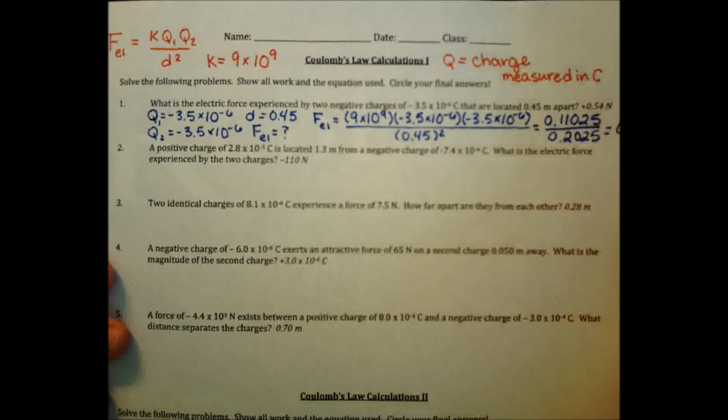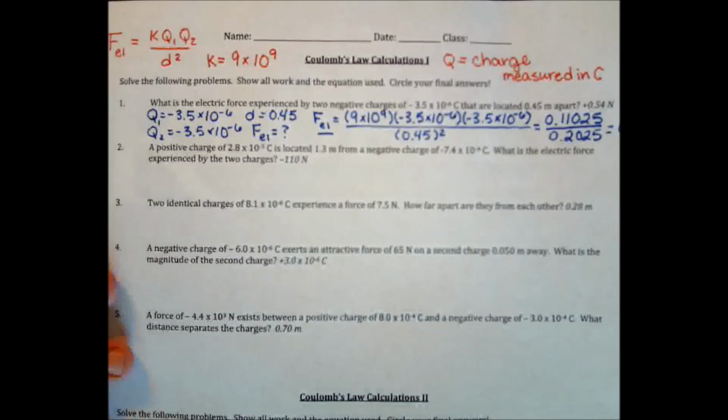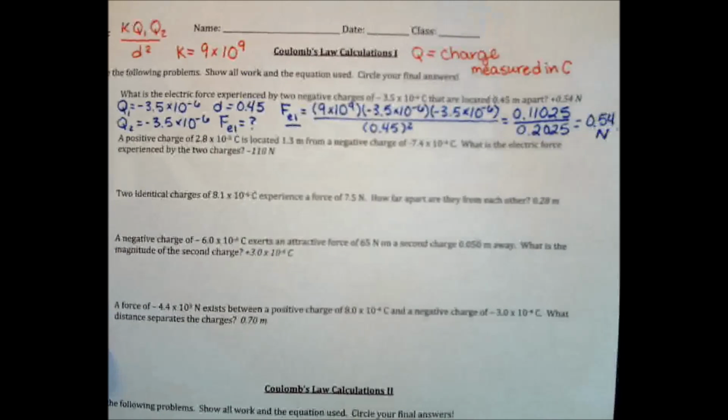It is in newtons because it's a force. You can't see my answer there. It's actually 0.54444444, but 0.54 is plenty good for us.